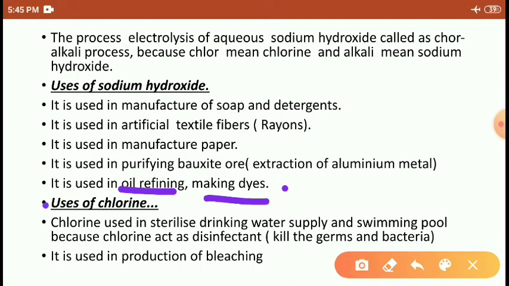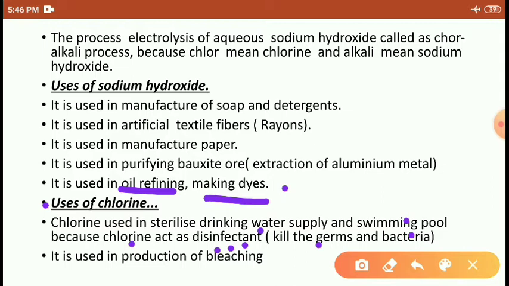And uses of chlorine here. Chlorine is used to sterilize drinking water and swimming pool water, because chlorine is a disinfectant that kills germs and bacteria. So chlorine is used for the purification of drinking water.